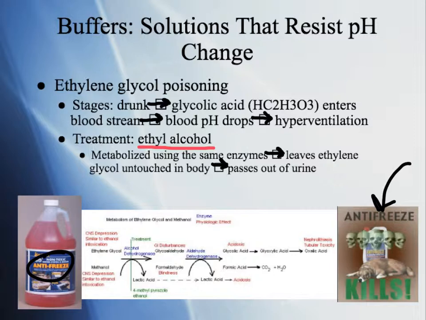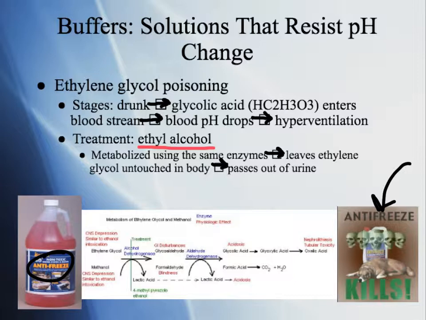This actually works with methanol as well, which is a type of alcohol that is not the consumable kind. You can treat it with ethyl alcohol, or just alcoholic beverages. So I guess that's one good reason for alcoholic beverages. Not that that gives you permission to go out and get drunk to protect yourself from antifreeze. That makes no sense.